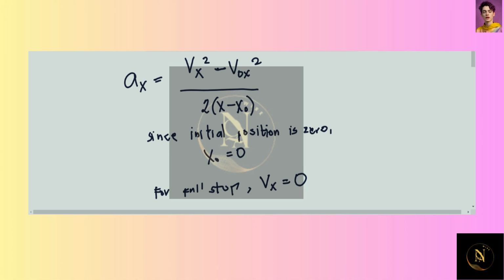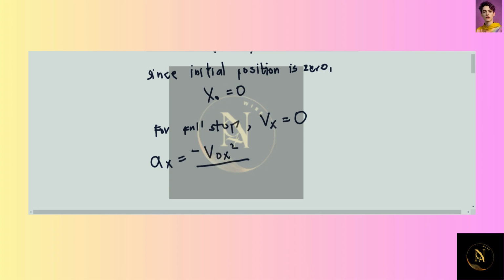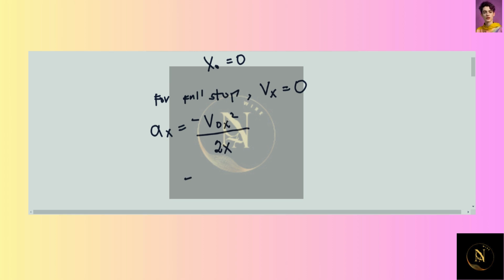As such, this reduces the equation to a sub x is equal to negative initial velocity squared over 2x. Inserting the given values, we can convert kilometers per hour to meters per second.